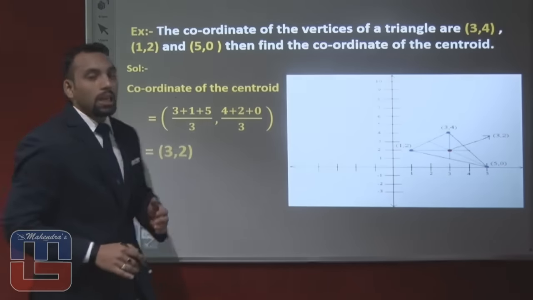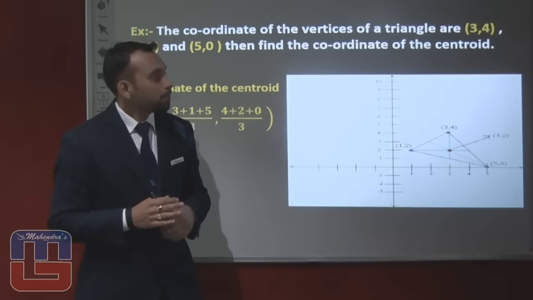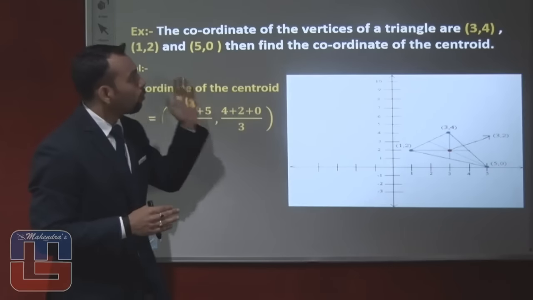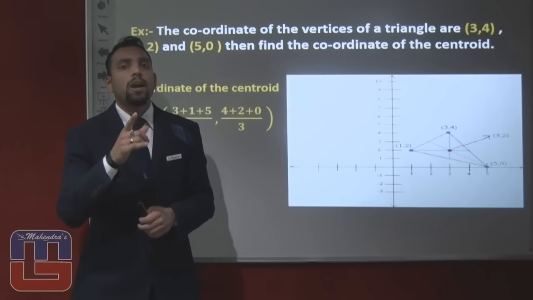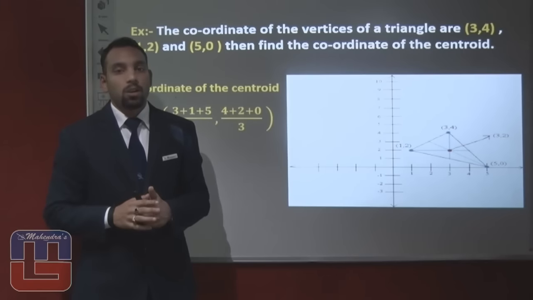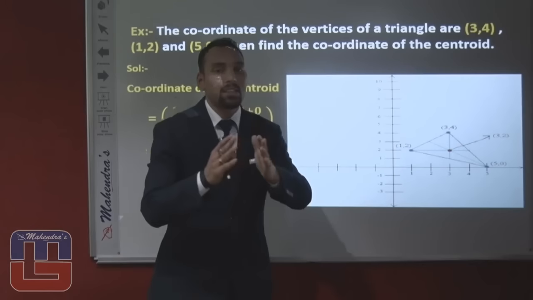The example: the coordinates of the vertices of a triangle are (3, 4), (1, 2) and (5, 0). We have to find the coordinates of the centroid. We already discussed that the centroid is the intersection of the medians.